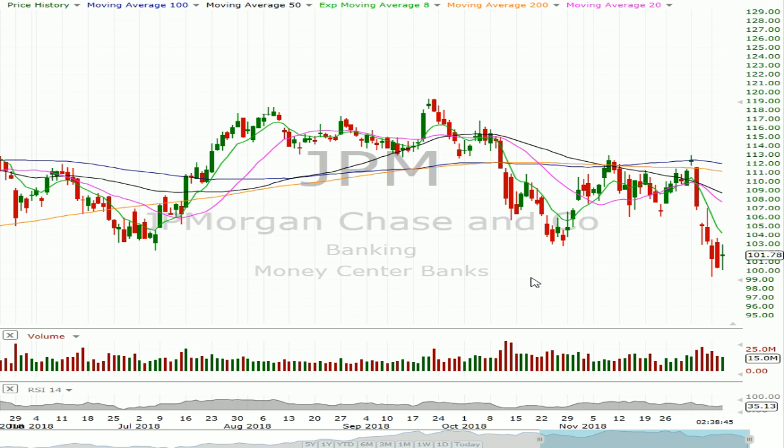So just a quick refresher. A calendar spread is what we call a horizontal spread, right? A horizontal spread is a trade with the same strike prices but different expirations. That's different than a vertical spread.